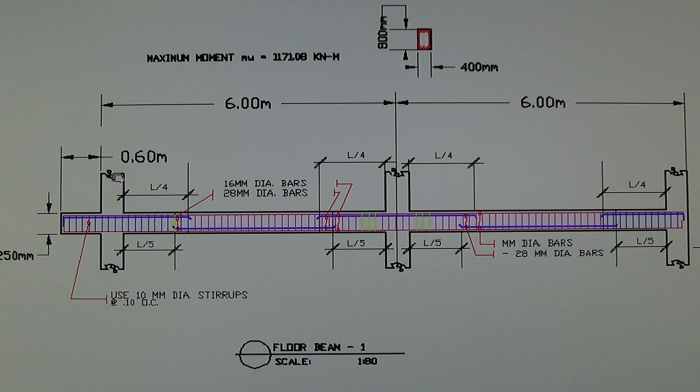I assume that you know how to do your moment distribution, and the maximum moment for this particular continuous beam, this beam is considered to be continuous. Alright, the maximum moment is right here, 1171.08 kilonewton meter.